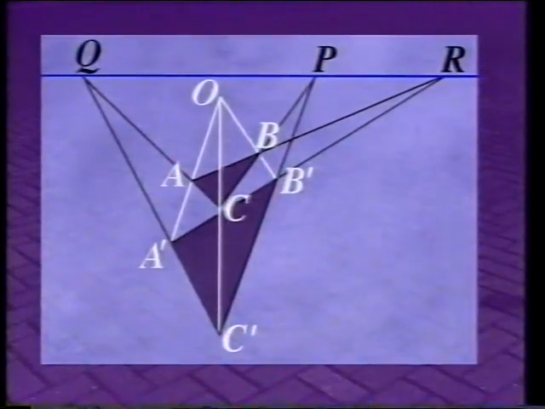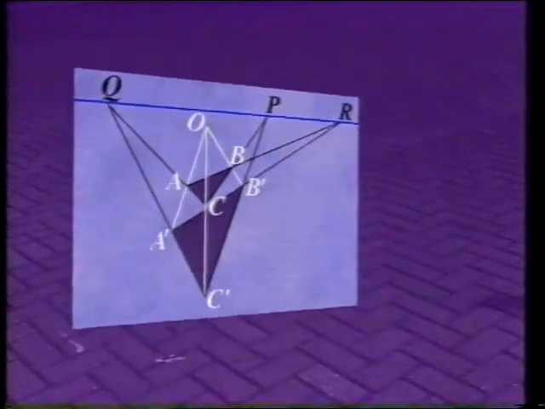To prove this, we use the technique of mapping the picture as shown earlier in the program. We can map this Euclidean picture by a perspectivity onto another plane in such a way that 2 of the points, say P and Q, don't appear. They become ideal points.